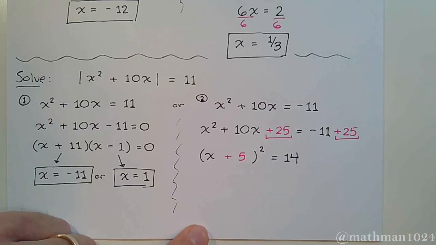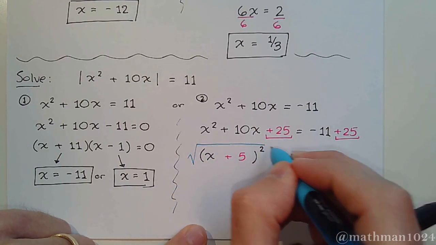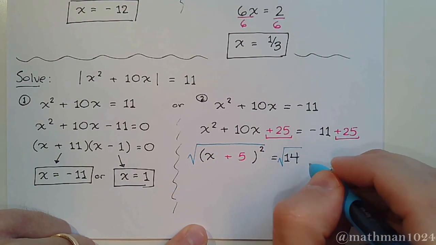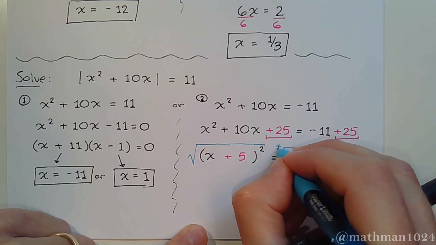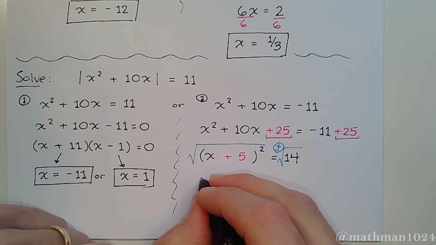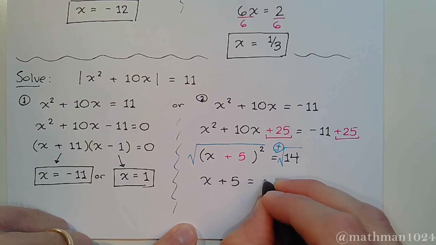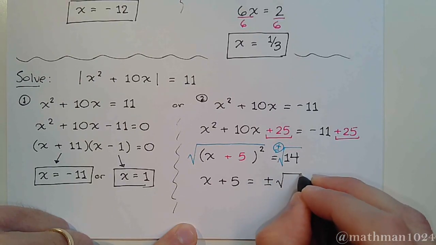And now we use the square root property to finish completing the square. So take the square root of both sides. Don't forget about the plus or minus. All right, so x plus 5 equals plus or minus the square root of 14.